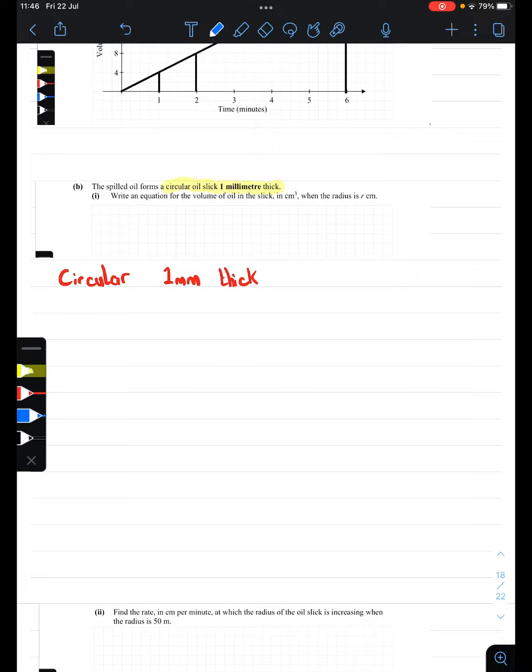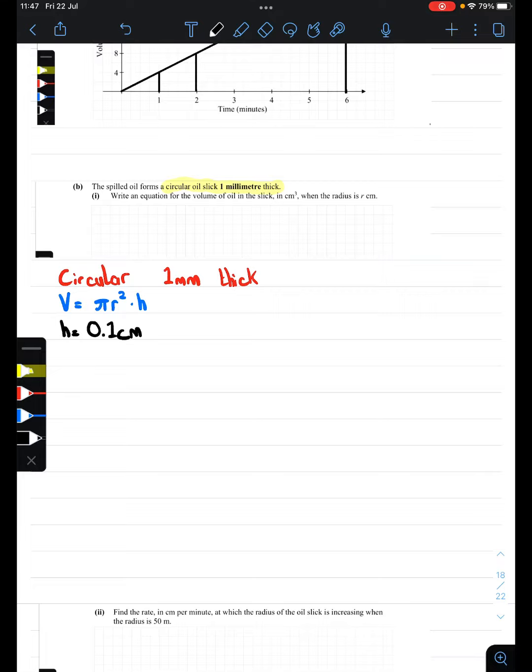the formula for the volume of a cylinder is simply pi r squared, the area, times the height, pi r squared h. Okay, well, we have h. We know that h is 1 millimeter, which is 1/10 of a centimeter, 0.1 centimeters.